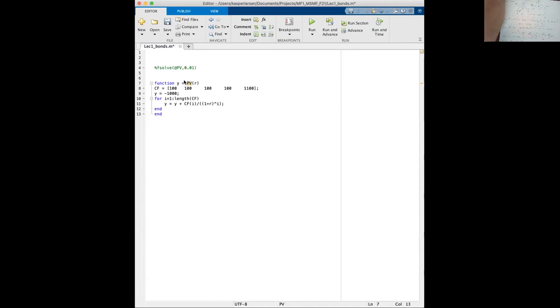I just want to figure out what happens with the present value when R is going up a little bit, from 0.1 to 0.101. When you put this percentage sign in here, it means to ignore the line.